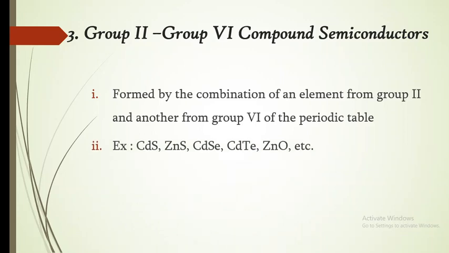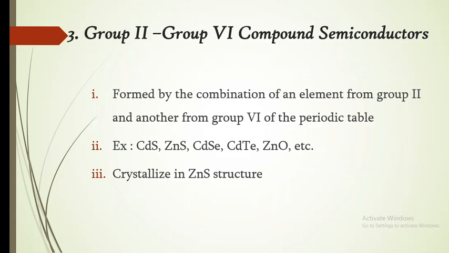Some examples are cadmium sulfide, zinc sulfide, cadmium selenide, cadmium telluride, zinc oxide, etc. One belongs to group 2, which is column number 12, and another element belongs to group 6, which is column number 16 in the periodic table.